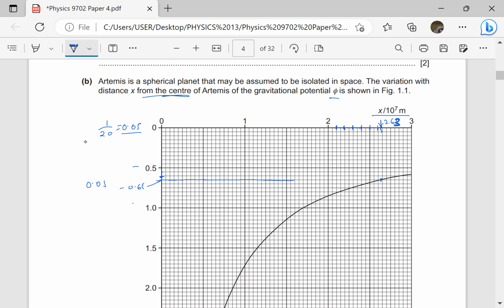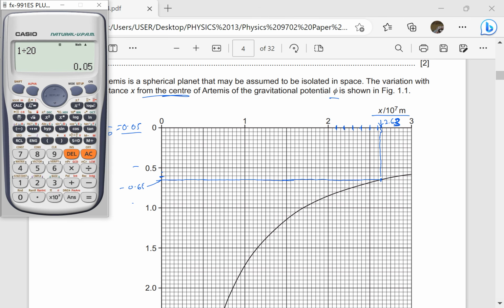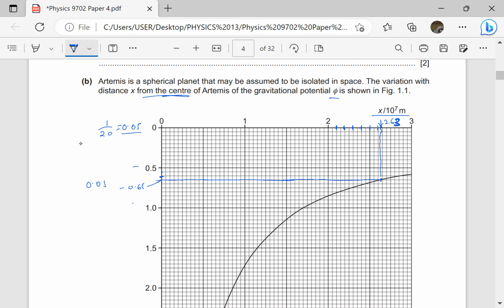So I moved like this, and we are here in this box. On the vertical axis, the scale is 1 divided by 20, which is 0.05. Whenever two small boxes will make 0.1, so this is 2.1, 2.2, 2.3, 2.4, 2.5, 2.6.